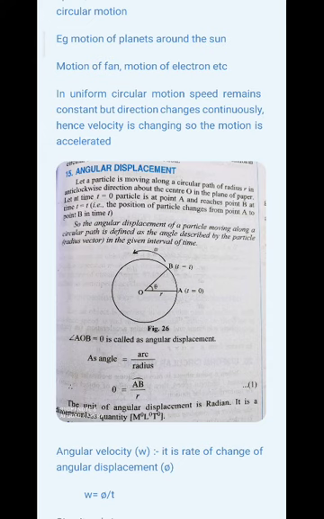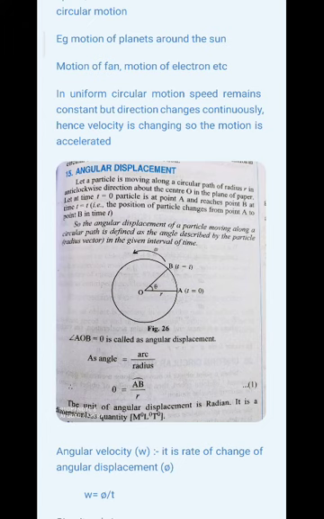So angular displacement is simply the angle described by a particle while moving from time t1 to t2. Now angle is arc by radius, so theta is equal to AB by r. The unit of angle is radian, and it has no dimensions.